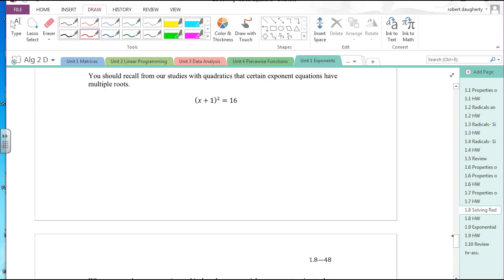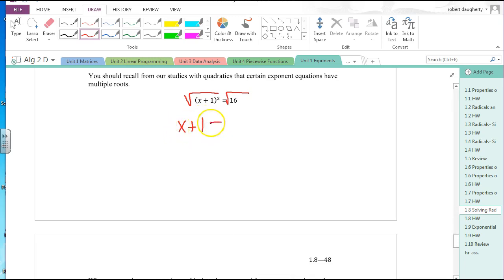We solved this problem last semester when we solved quadratics. Remember, we did factoring, we did square roots, we did the quadratic formula, okay? Now, in order to solve this, what did I do last semester to solve this guy? I take the square root of both sides, okay? The square root of x plus 1 squared is what? X plus 1.